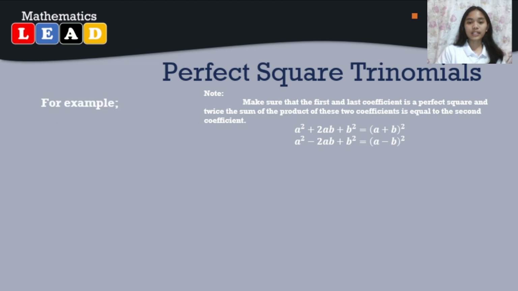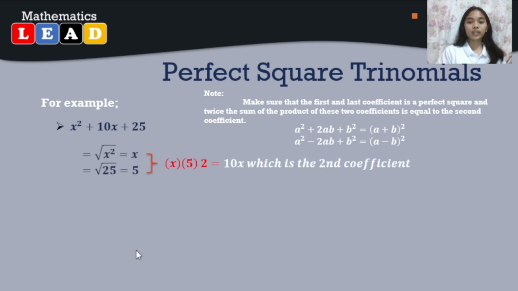For example, x squared plus 10x plus 25. So we need to make sure that our first term and our last term are perfect squares. So we will square root both terms, wherein the square root of x squared is x and the square root of 25 is equal to 5. And we need to twice these two to make sure that it is a perfect square trinomial.